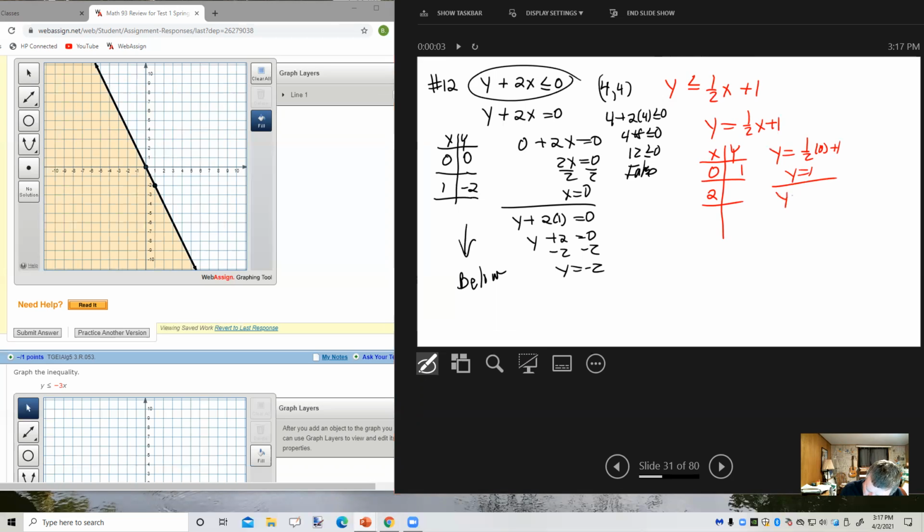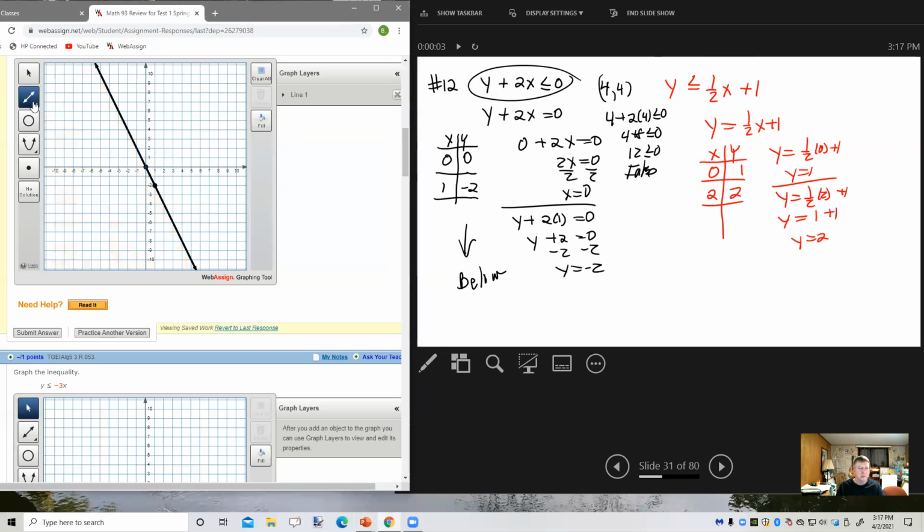If x is 2, y equals 1/2 times 2 plus 1. 1/2 times 2 is 1. 1 plus 1 is 2. So 0, 1 and 2, 2. That line will also be solid because it includes the equal to.